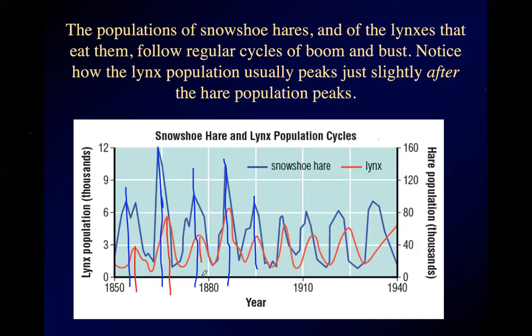And I'm not drawing very straight lines, I'm aware of this, and a peak right there, and a peak right there. The lynx peaks are always coming just a little bit after the hare peaks. You can probably see it most easily over here, but all through this graph, the lynxes are peaking just a little bit after the hares. And these booms and busts are coming in a surprisingly regular cycle with a period of about 10 years.